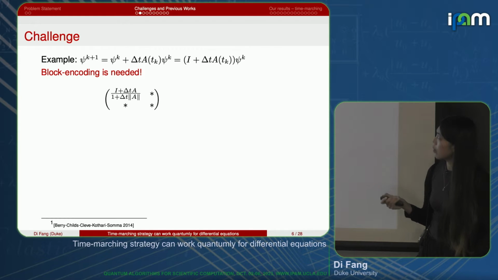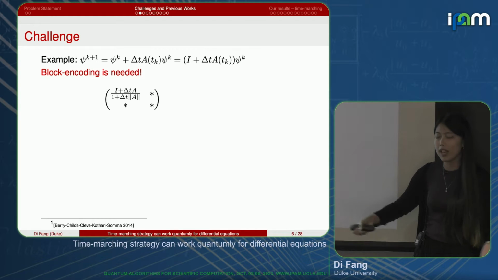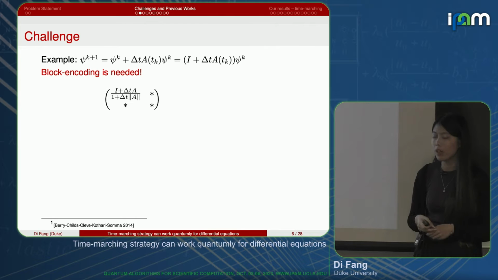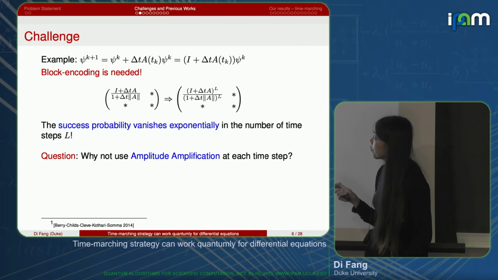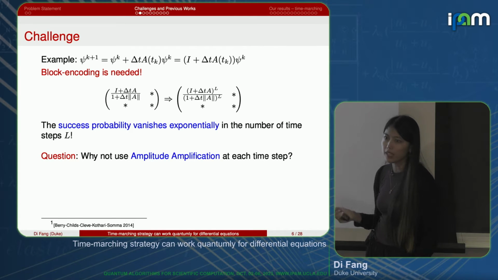Okay, now let's just say I have this block encoding for my short time integrator, and I have L different time steps, and then I can just use the properties of block encoding or the QSVT by the authors in this audience. I can construct products of block encoding, which will give me a solver. What's wrong with that? If you really do that for this naive example, you immediately see the subnormalization factors become multiplied together.